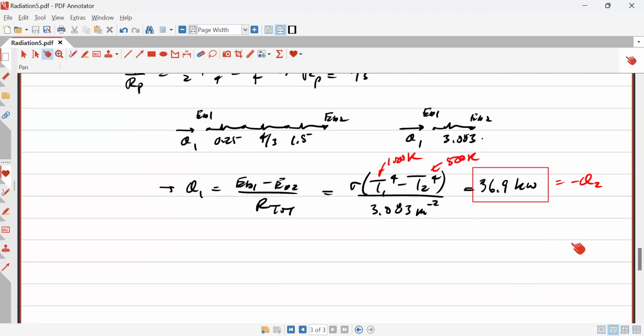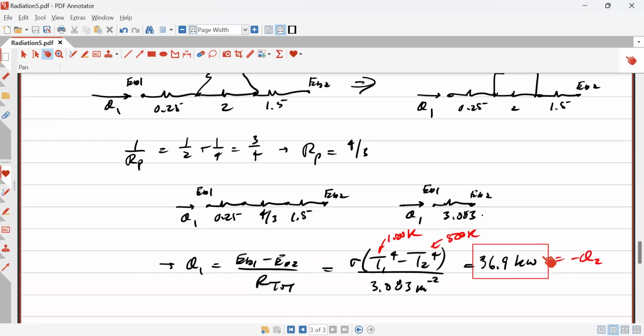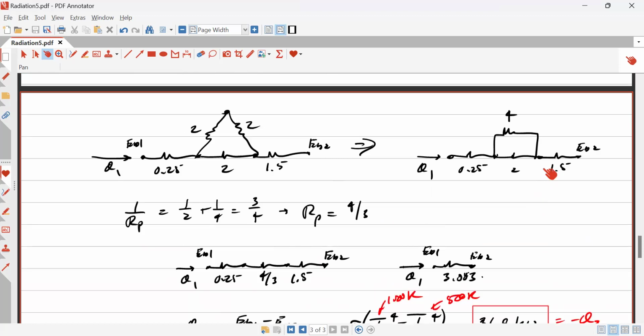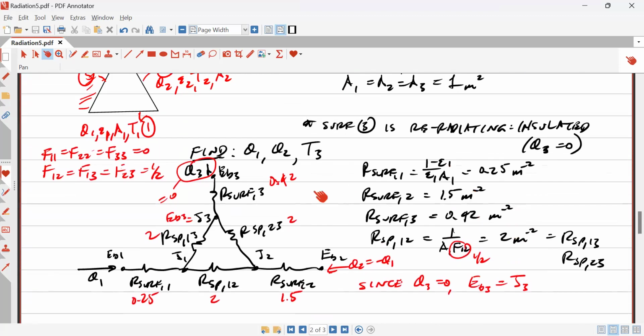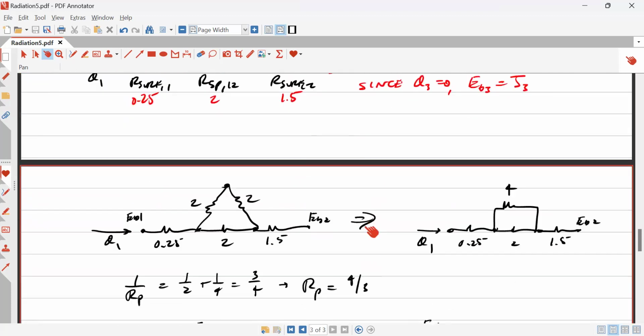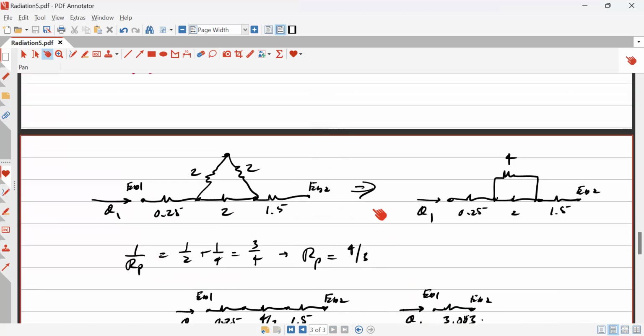Okay, so we have what Q1 is, and we have Q2 as well. Q2 is minus 36.9 kilowatts. Great. But then the other thing we need to find is what's the temperature associated with surface 3? We know that all the heat coming in has to leave.